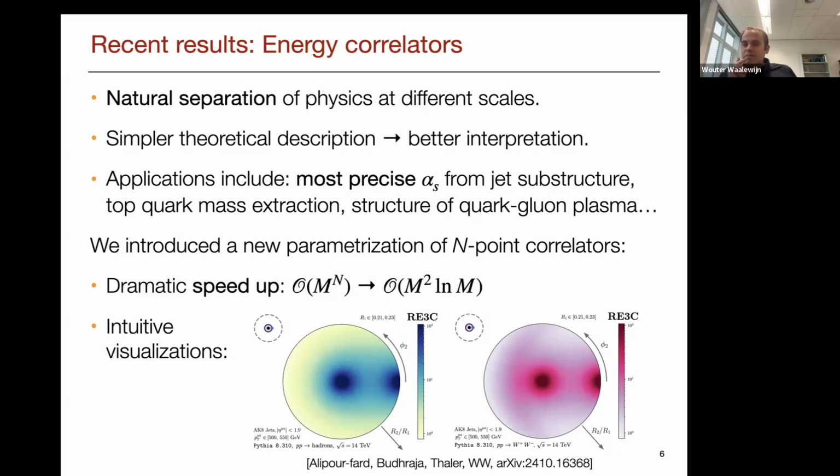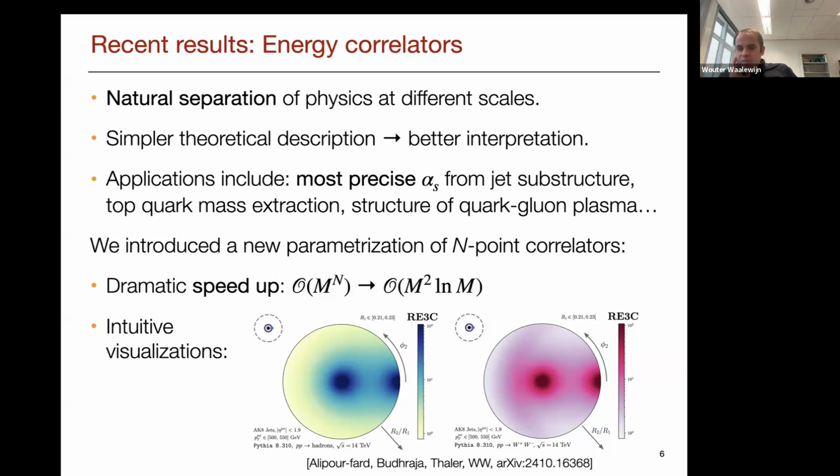This is something that's very interesting, at least for experimentalists, because they calculate this on jets, say, with maybe 30 particles. And if you do 30 to the power 3 or 4, it quickly becomes rather time-consuming. But our new way of parameterizing things also gave very nice visualizations. I should probably compare with a visualization with the old parameterization, where you see that it looks rather different, because you get kind of a slice of this.